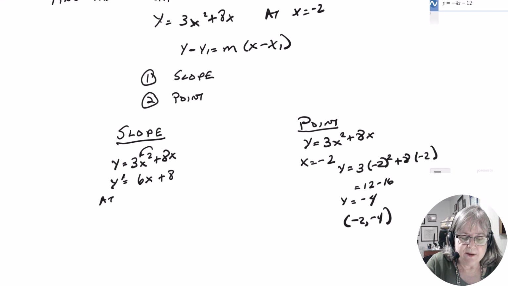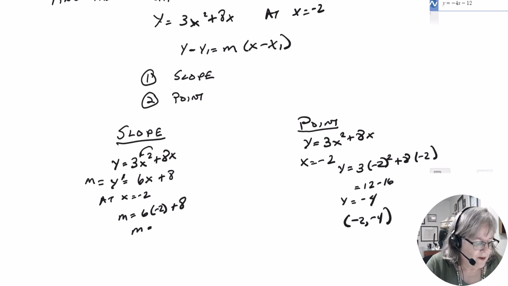And this is the slope, right? At x is equal to negative 2, the slope is 6 times negative 2 plus 8. So the slope is negative 12 plus 8. The slope is negative 4.